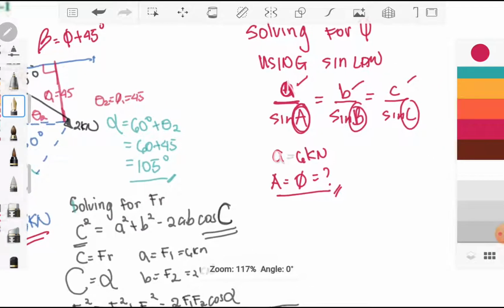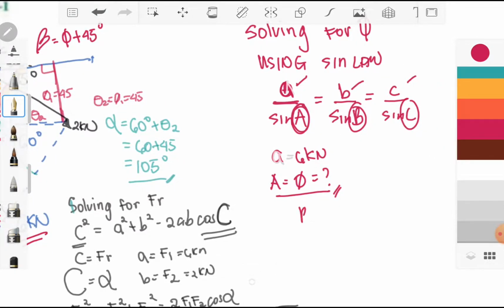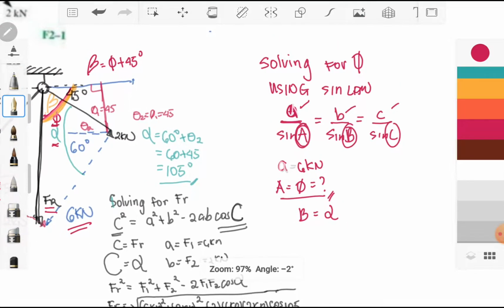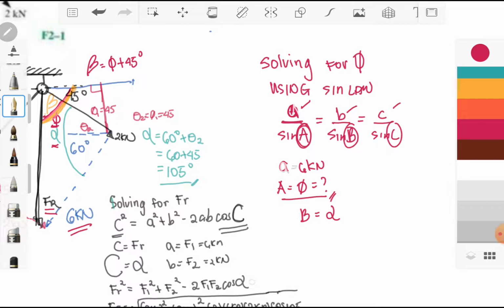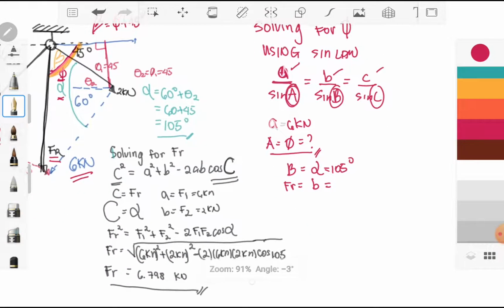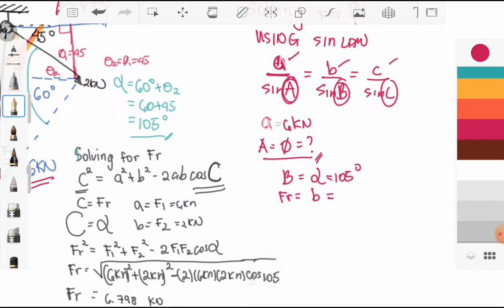And then my angle B is equal to my alpha, because it was already solved in our first step. So your alpha is equal to 105 degrees, and our FR, which is your small b, the magnitude of side b, is equal to 6.798 kilonewton.